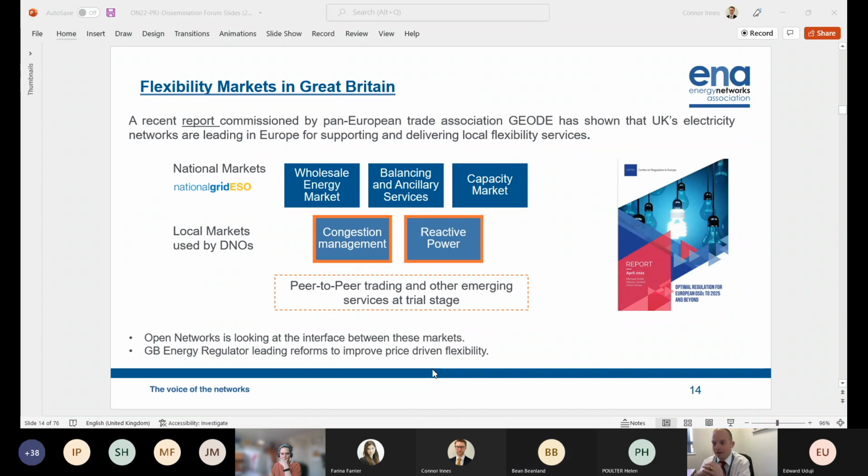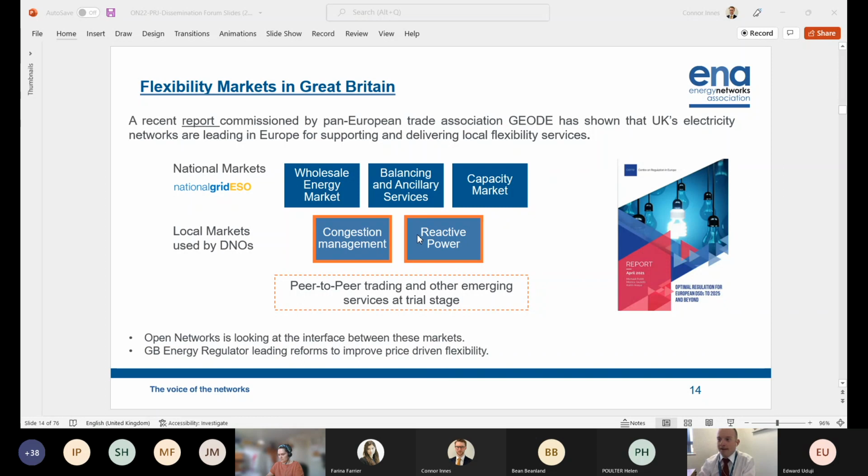But latterly, the focus has been on allowing all of the distributed generation connected down to the lower voltage levels to also participate in some of these markets, and not only work for balancing services, balancing the overall supply and demand, but also looking at constraint management.